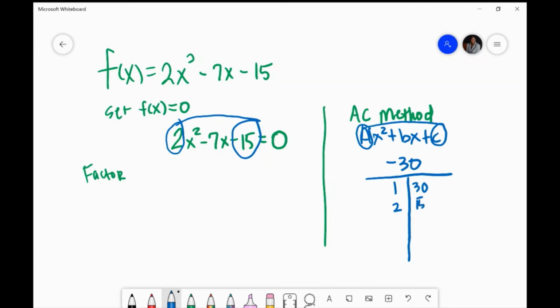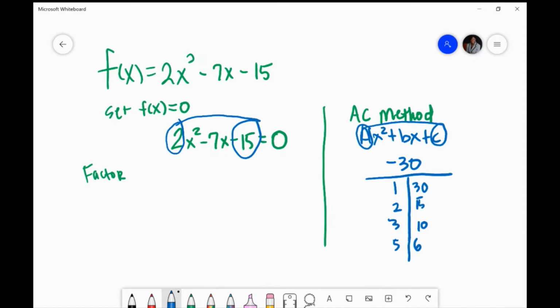Give me something else. 3 and 10. Somebody else. 6 and 5. All right. Are we done? Is that good? I think so. Those are the factors of 30.